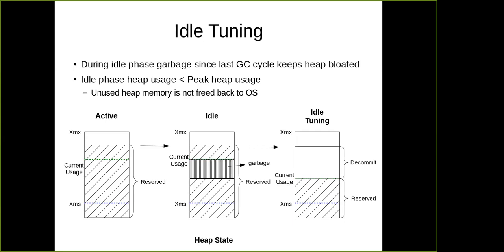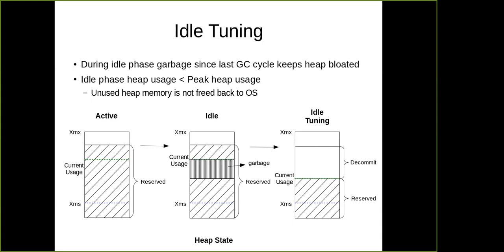Now, if your application goes from active state to idle, say it has completed some transactions in the active state, and now there is no load on the application, it goes into idle state. In the idle state, you will find that many of the objects have become garbage. There are no references to those objects.